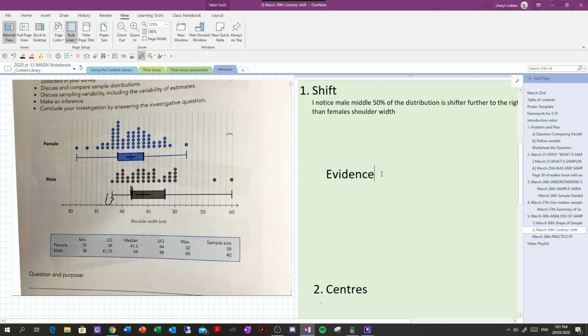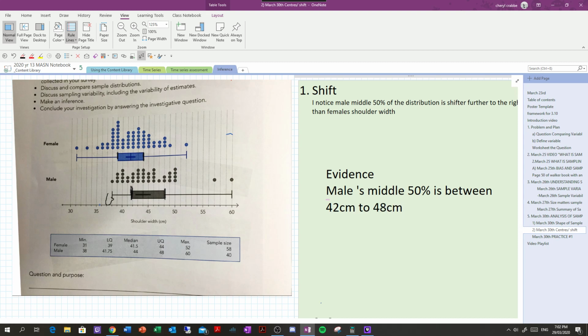So the male distribution, or male middle 50%, is between, now that looks to be about 42 centimeters to 46, 47, 48, maybe 48 centimeters.